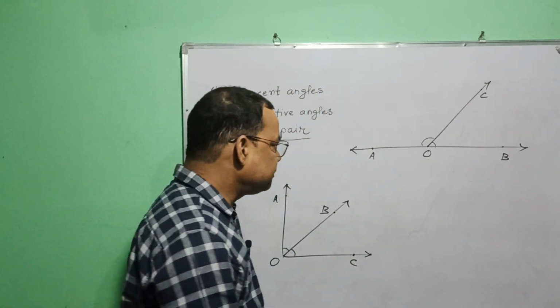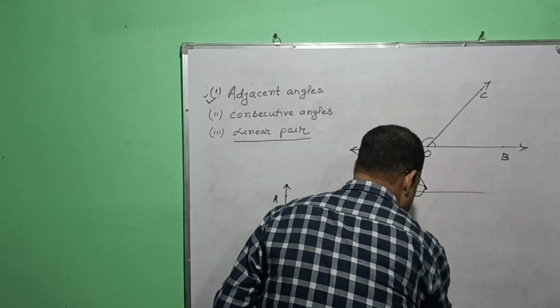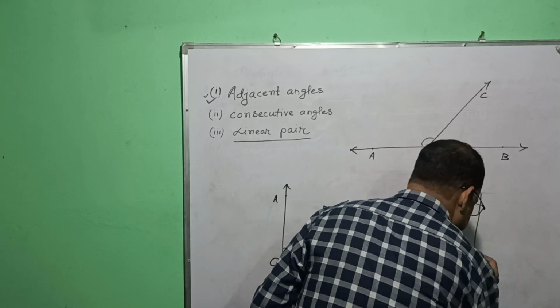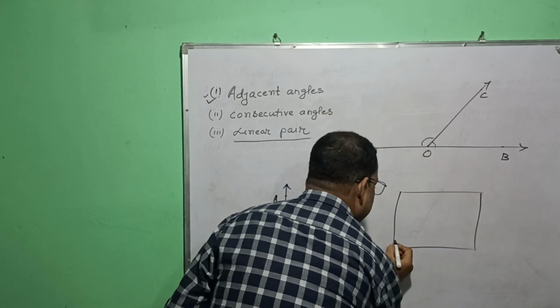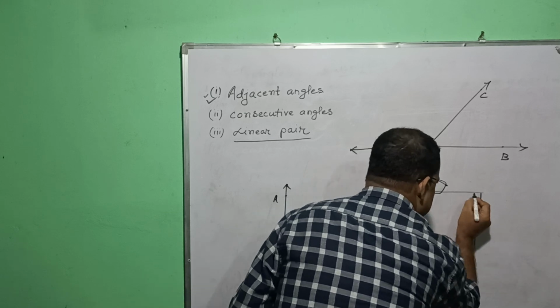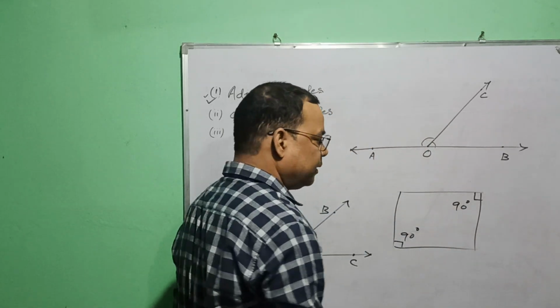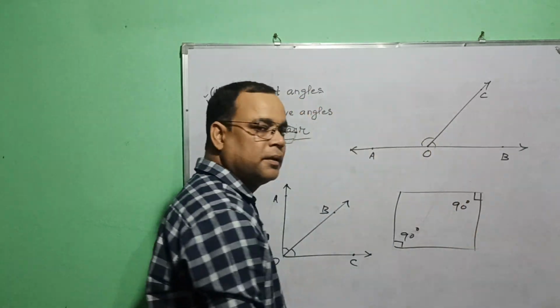Let me show you another example. Suppose in a quadrilateral, suppose this is 90 degrees and that one is also 90 degrees. Suppose these two angles are 90 degrees.